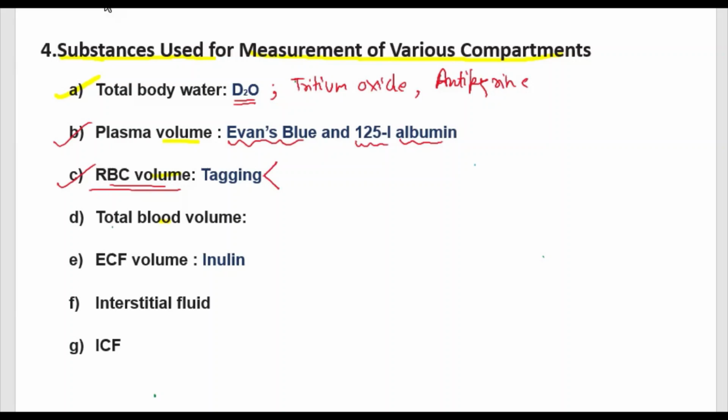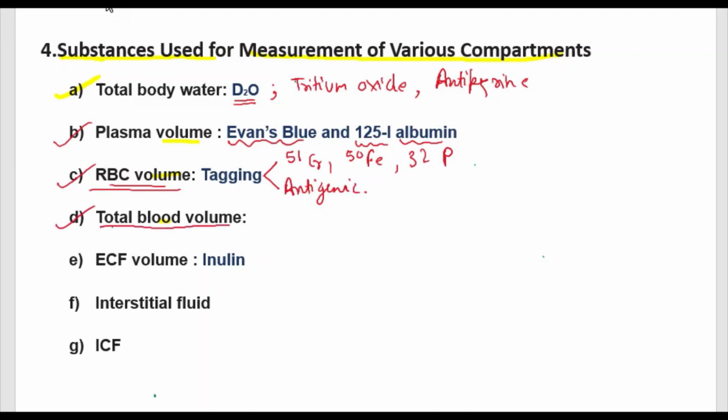We can use the 51 isotope of chromium, 59 of iron and 32 of phosphorus for the measurement of RBC volume, and we can also do antigenic tagging.